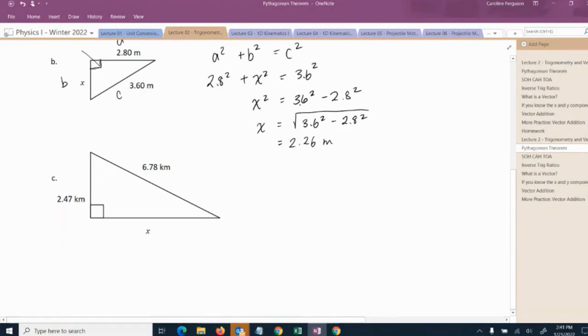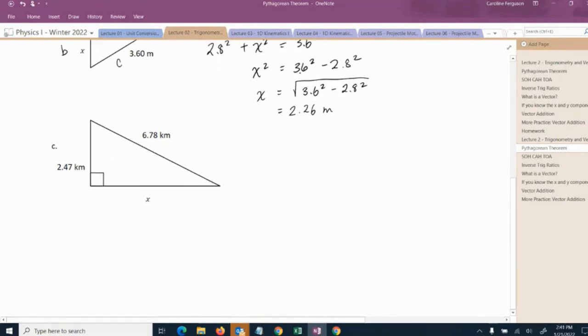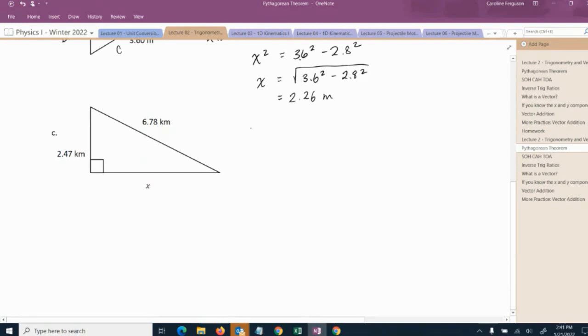Okay, so I'm going to do C. Thanks for posting answers to C. Let's check. So I'm going to do the same thing. So my C is the hypotenuse. My A and B are here. So I'm going to write A squared plus B squared equals C squared. My A is 2.47 squared. My B is X, 6.78 squared.